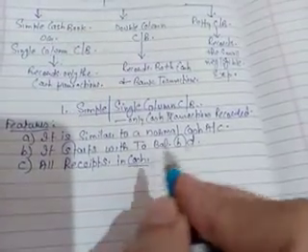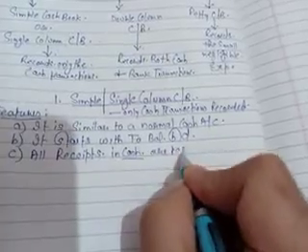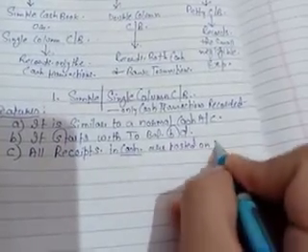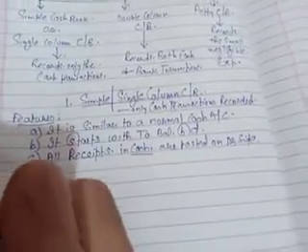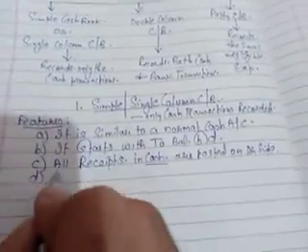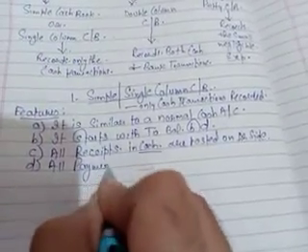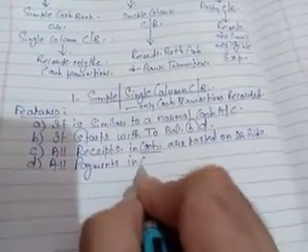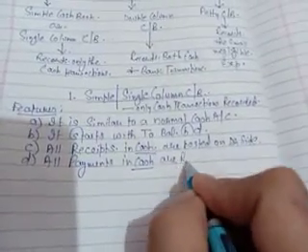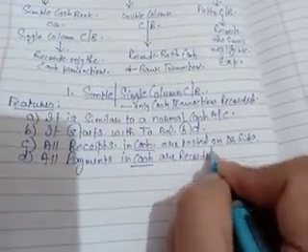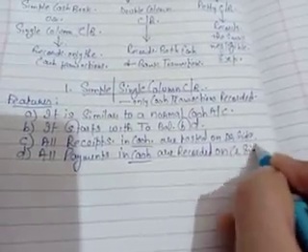All receipts in cash are posted on the debit side, right? Then D, all payments in cash are recorded on the credit side.